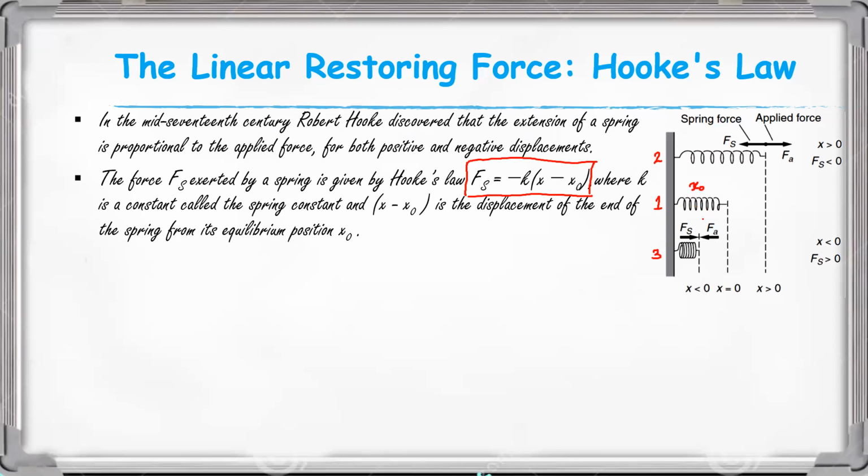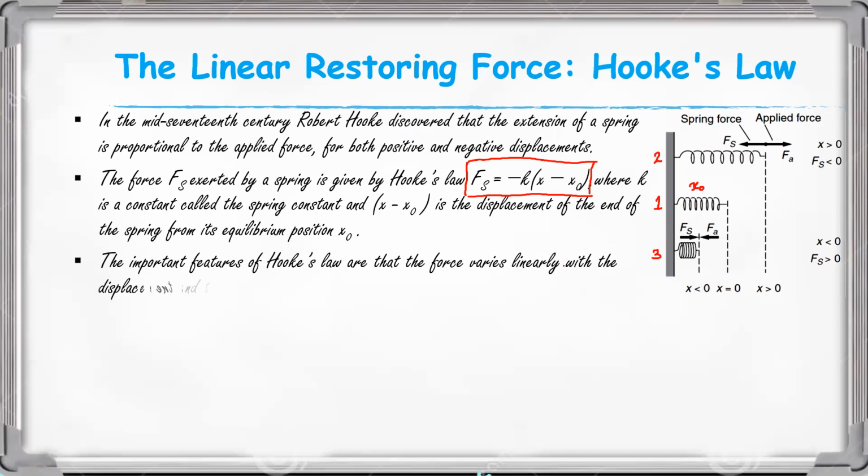And so we can say that the important feature of Hooke's law is that the force varies linearly with the displacement and it is always directed towards the equilibrium position.